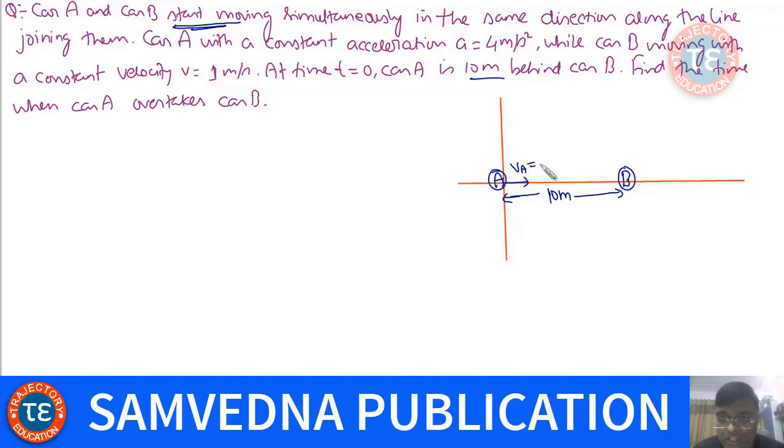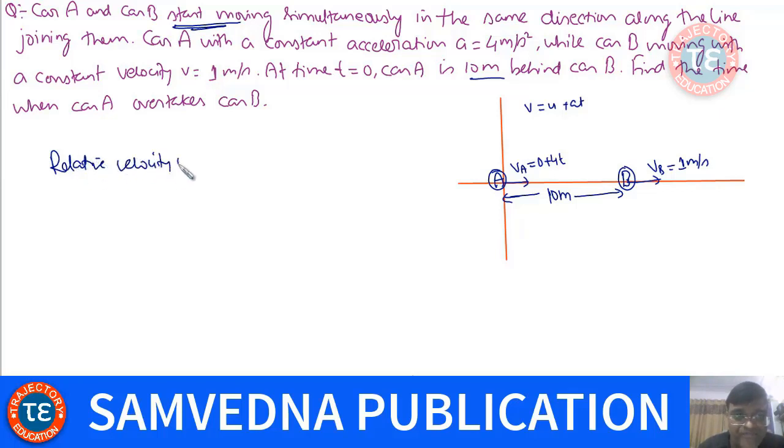Both are moving in x direction, so the velocity of A is, v is u plus at, and the velocity of B is 1 meter per second.